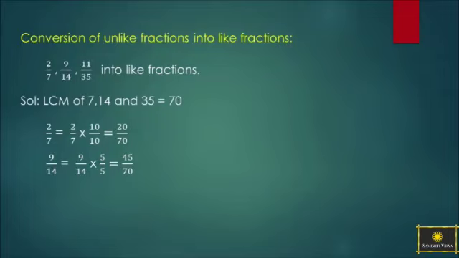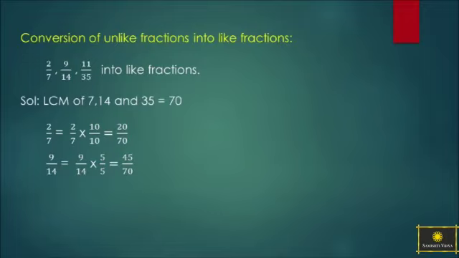So 9 into 5, that is 45. 14 into 5, that is 70. So the fraction 9 divided by 14 will convert into a like fraction, that is 45 divided by 70.